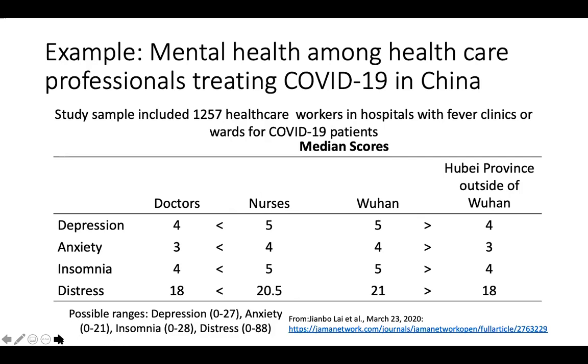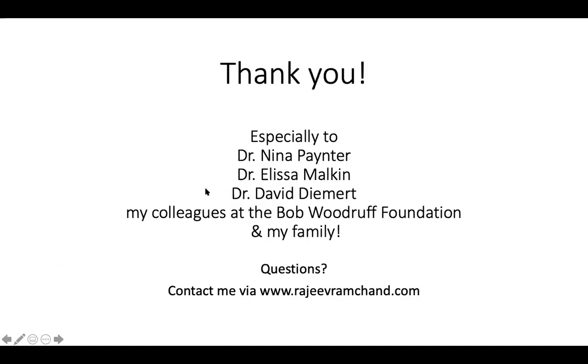This is just an example that we don't always need to have temporality. Information like this can be really useful, especially if we want to promote mental health or help those people who are most at risk or who suffered most greatly from some of these exposures that we're interested in.